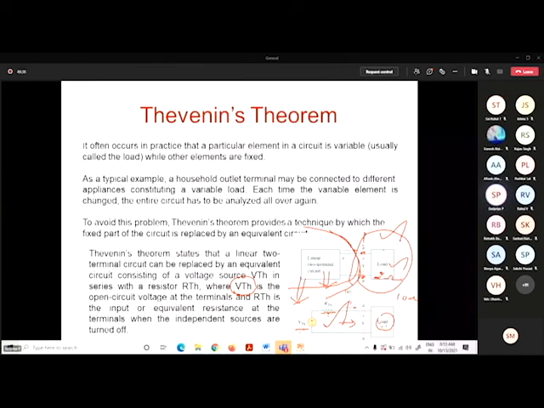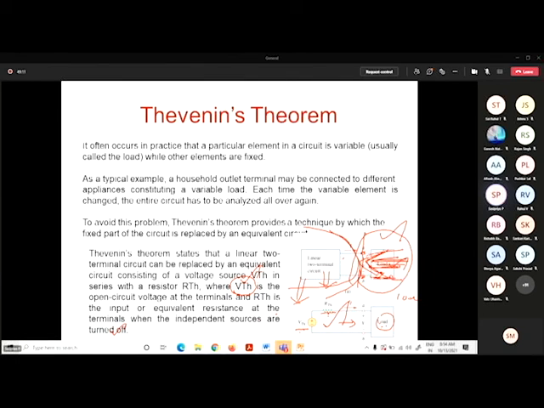My interesting point is the load, so I ignore it because it is variable. I consider only the remaining part, remove the load and find the open circuit voltage. That is nothing but VTH. And RTH is the equivalent resistance at the terminals A and B when the sources are turned off.